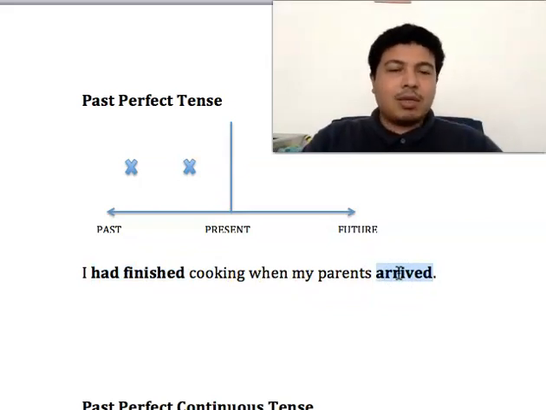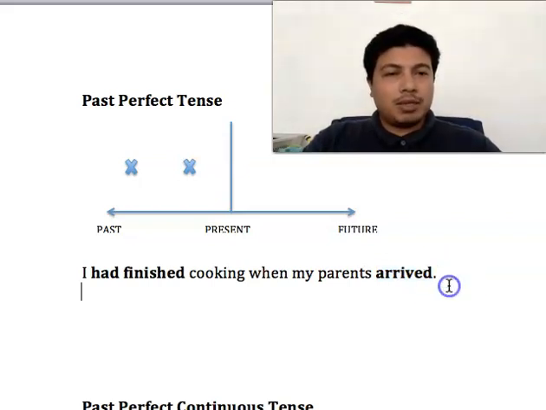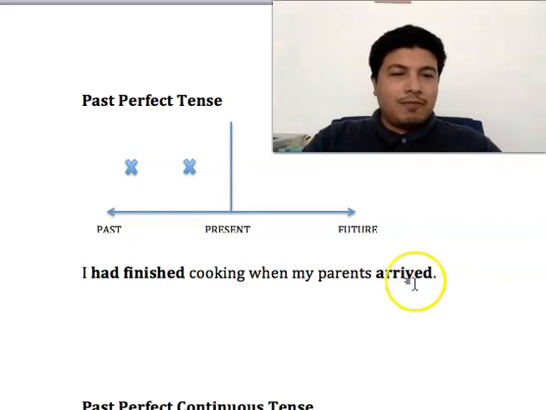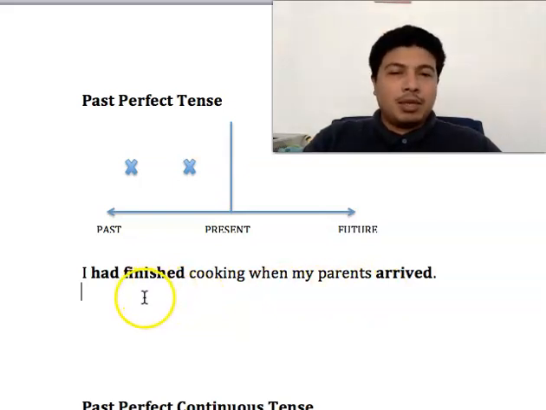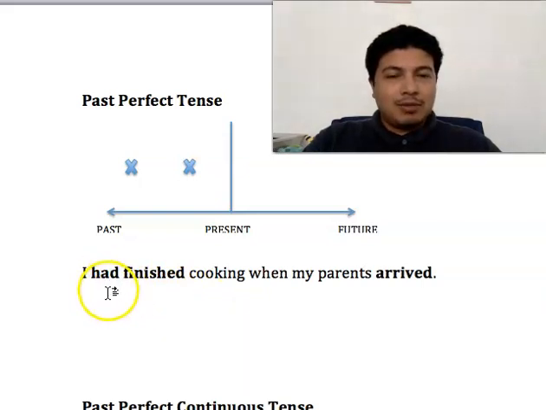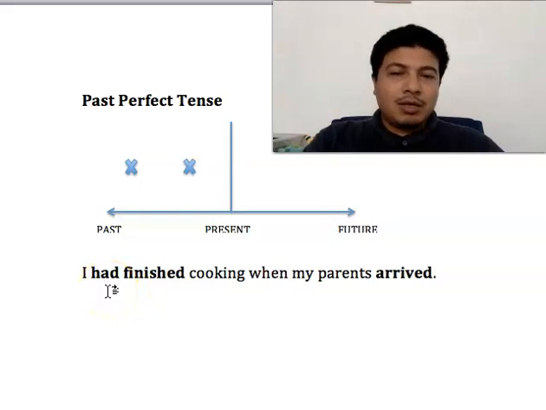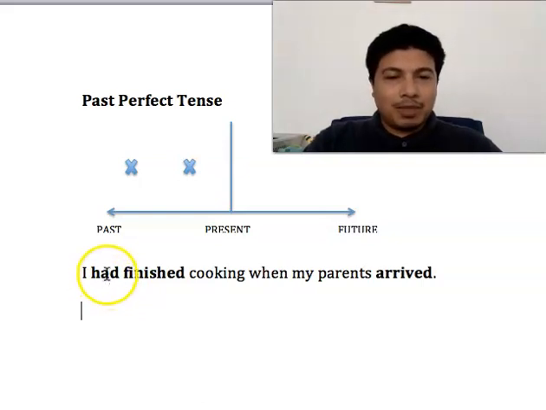If you take a look at this sentence, which one happened first and which one happened later? Finishing cooking happened first and then the parents arrived. Because finishing cooking happened first, you use past perfect tense. When you have a past perfect tense, you have the word had plus past participle. And the one that happened later is simple past tense.